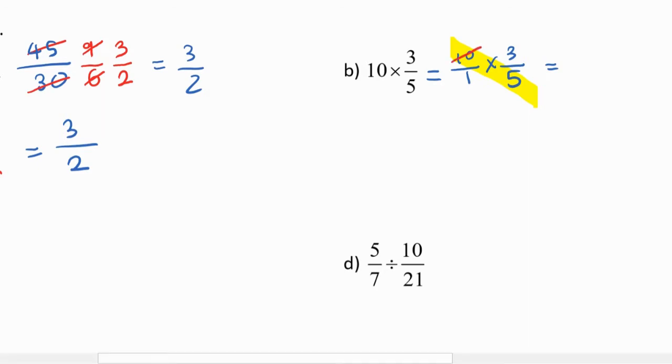So 10 and 5, they're divisible by 5. 10 becomes 2 and 5 becomes 1. And when you look at 1 and 3, there's no number that can divide both numbers except 1. So we're just going to multiply 2 and 3. It becomes 6. 1 times 1 becomes 1. So the answer is 6.